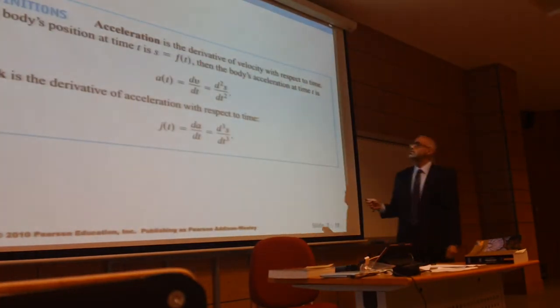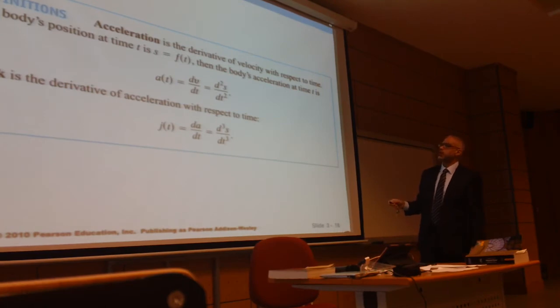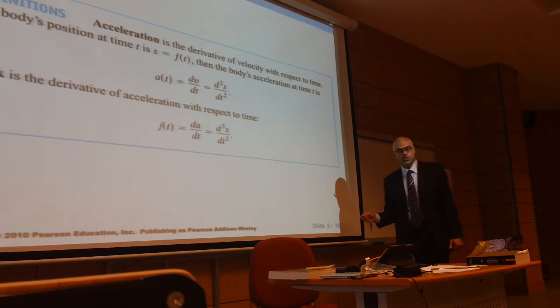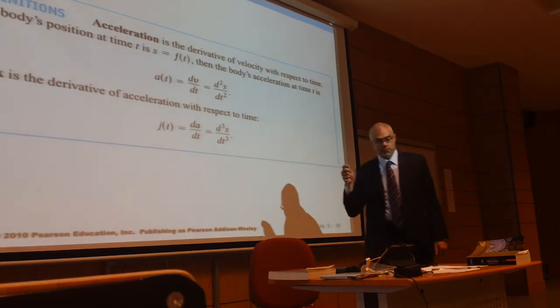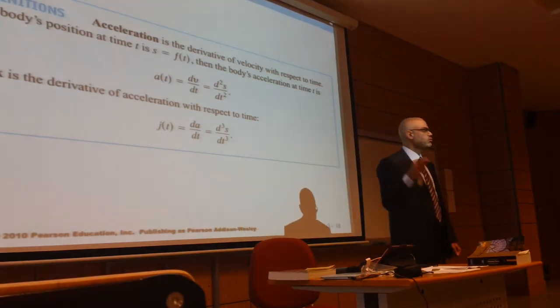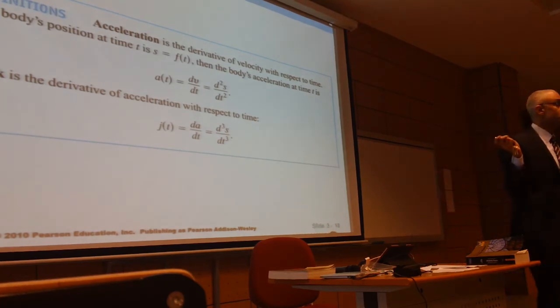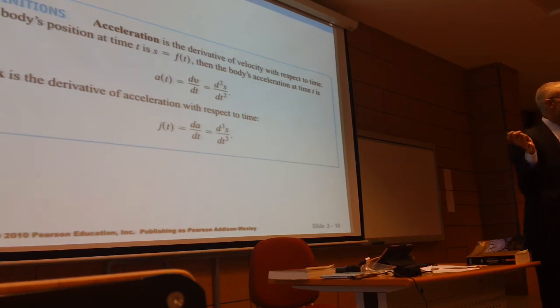Acceleration is the derivative of the velocity with respect to time. If a body's position at time t is equal to f of t, then dv by dt is equal to d squared s by dt squared, and this is called the acceleration. Newton's second law of motion tells us that if this acceleration is 0, then there is no change in velocity. And the net force is equal to 0.